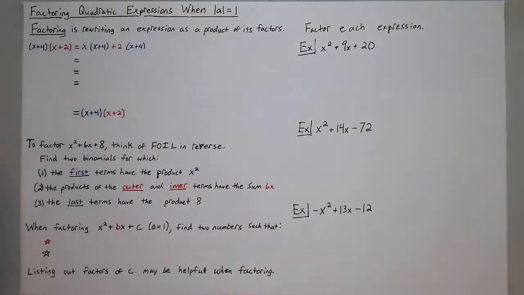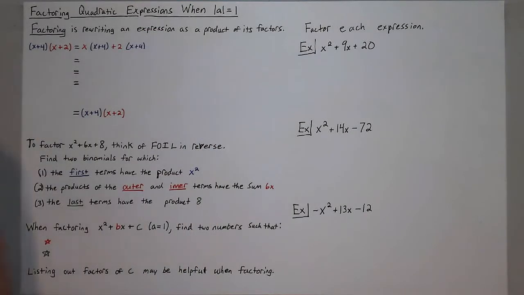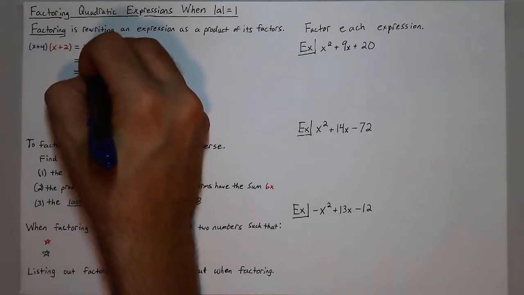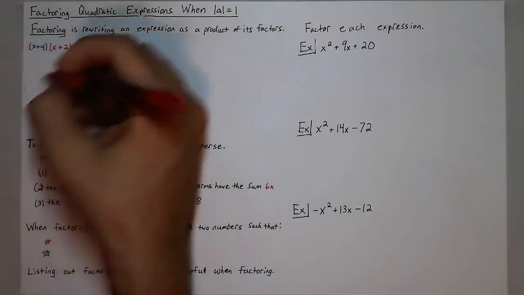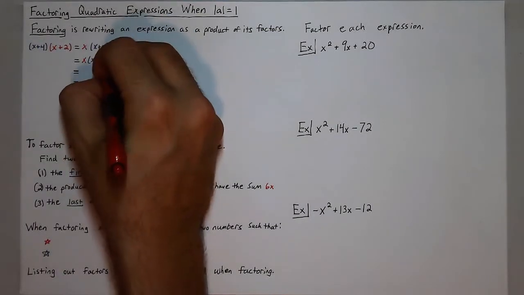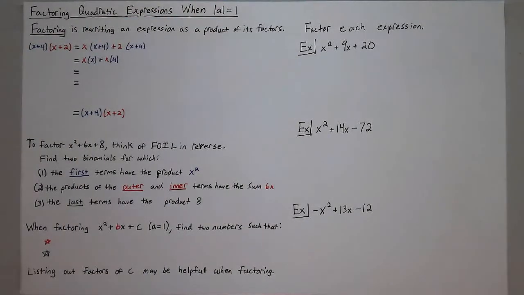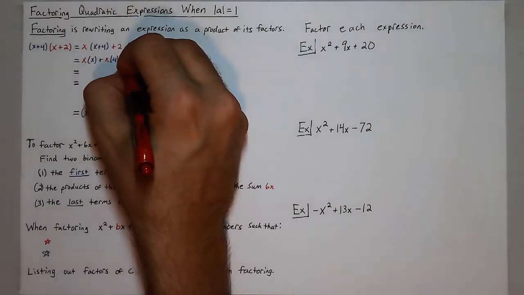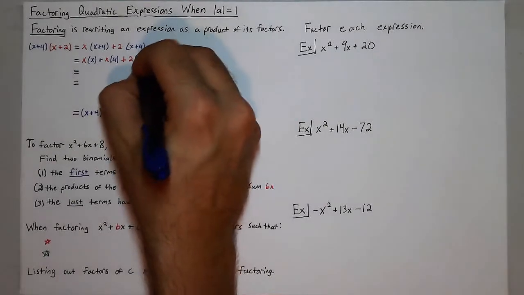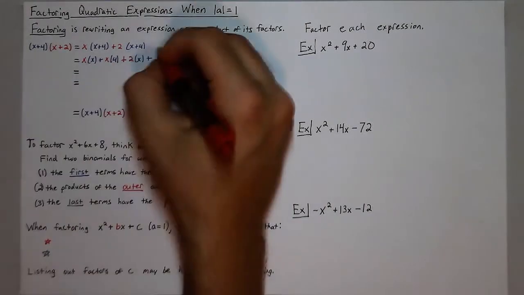And then I would distribute in the x and the 2, so I would get x times x plus x times 4 plus 2 times x plus 2 times 4.